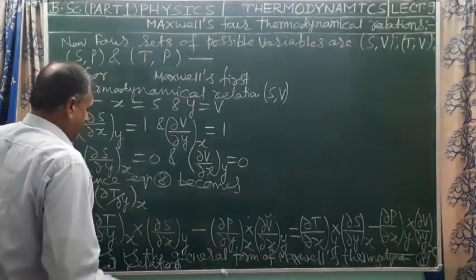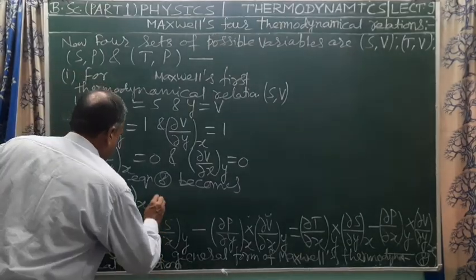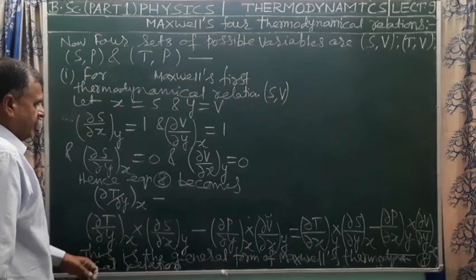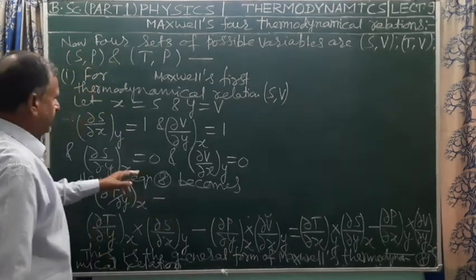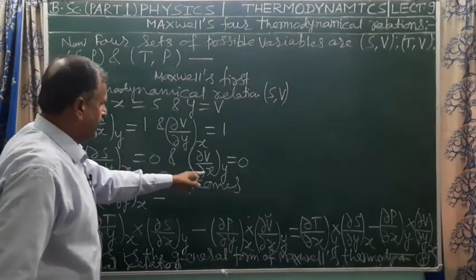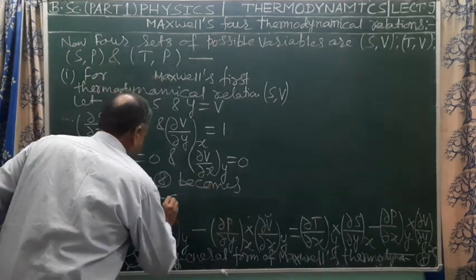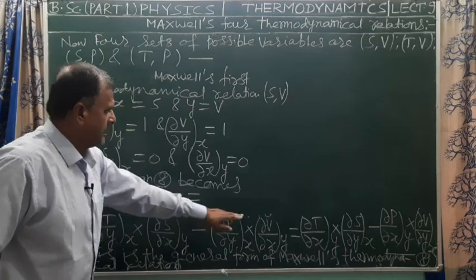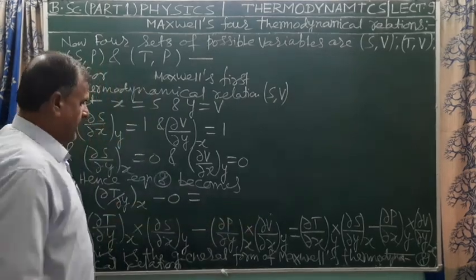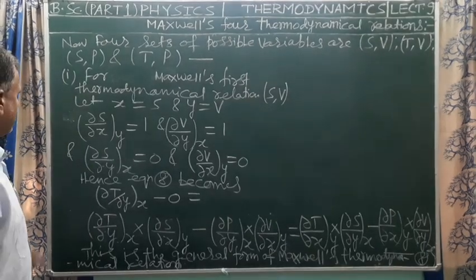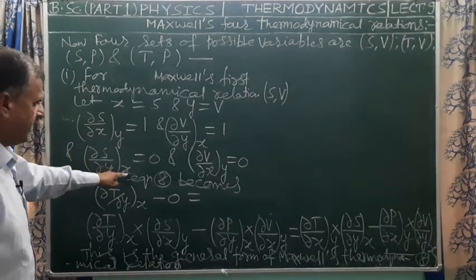Now the second term, del P upon del y at constant x and del V upon del x at constant y is 0. So the second term becomes 0, and the product of two terms is also 0. And in RHS we have del T upon del x at constant y and del S upon del y at constant x is equal to 0.